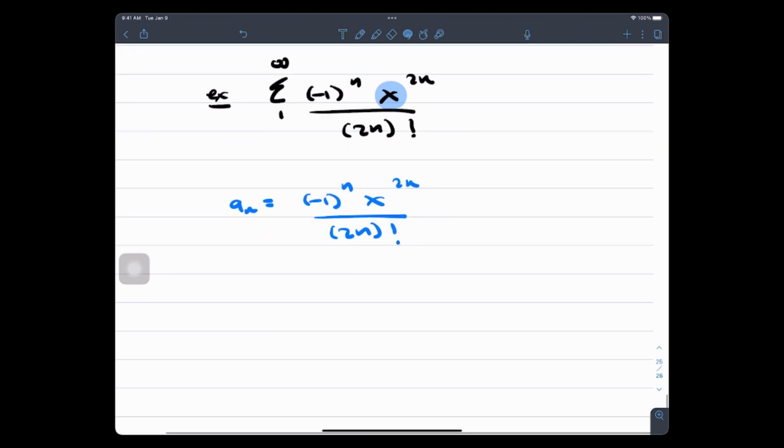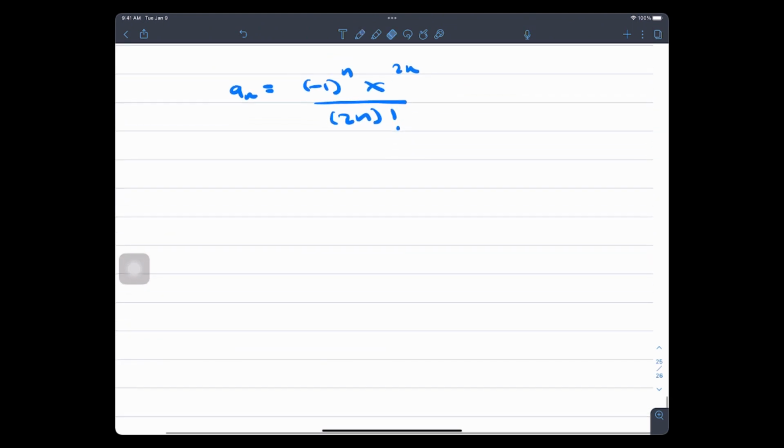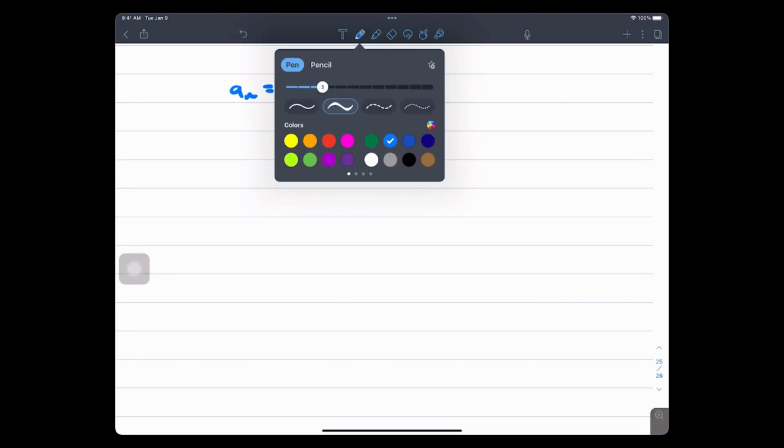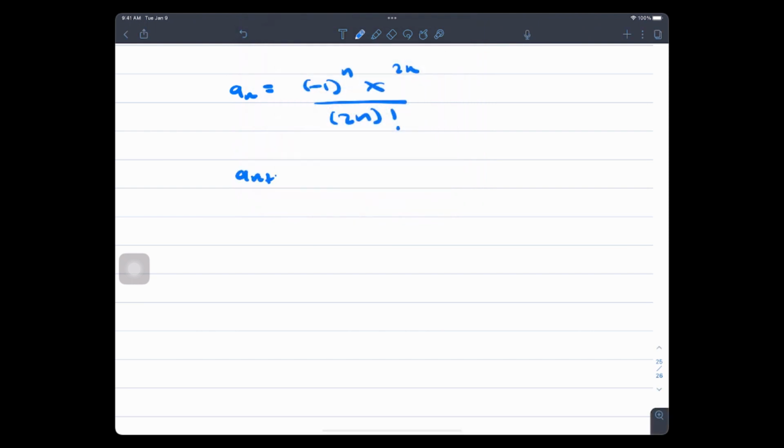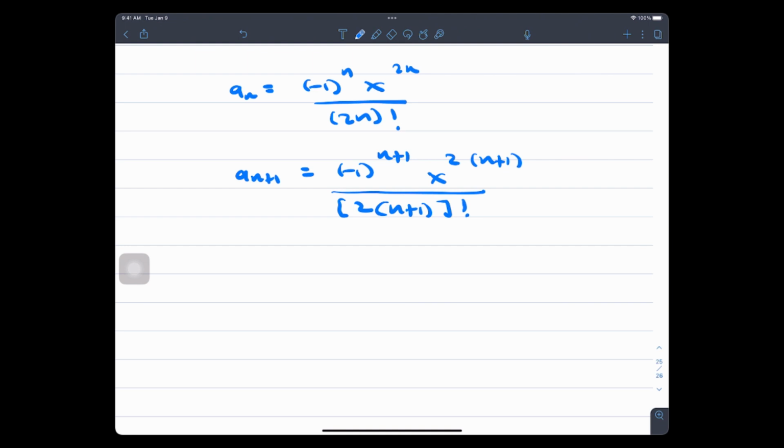So this whole thing is your a_n. So what's the next term, a_n plus 1? You're going to replace your n with n plus 1. That's 2 times n plus 1 factorial.